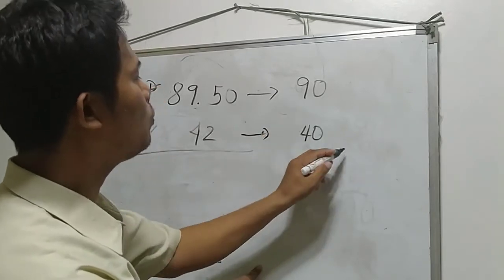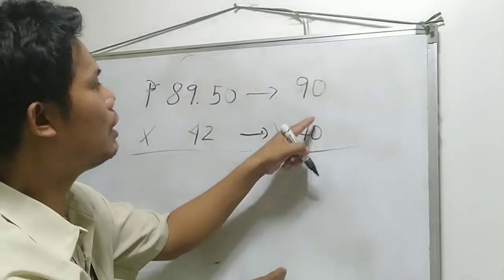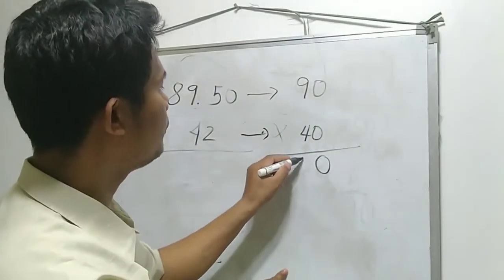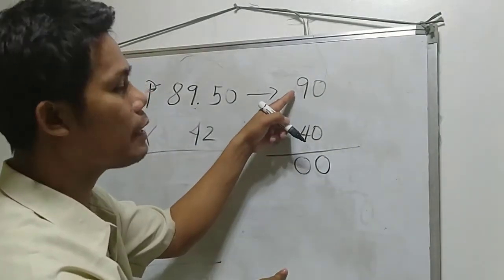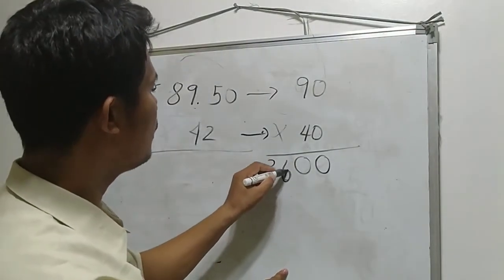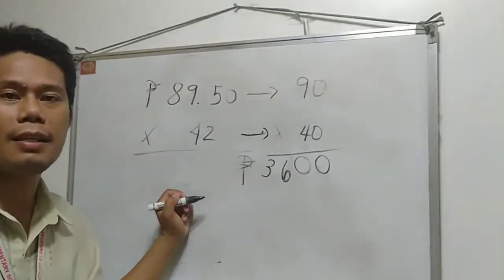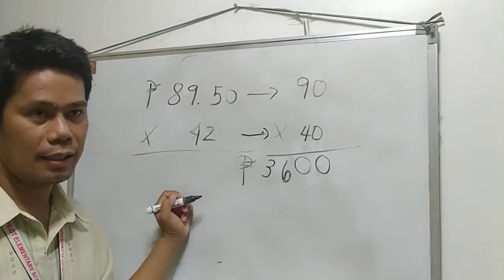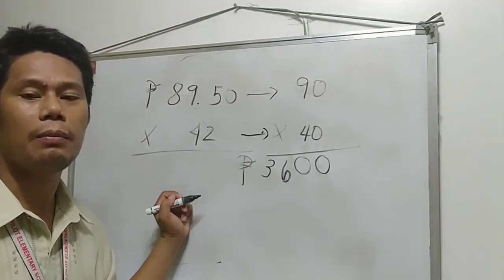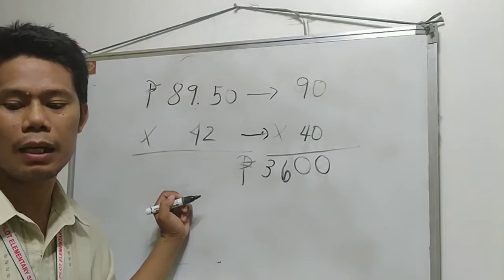So that is how to estimate. Then proceed to multiplication. So bring down 2 zeros. Then 4 times 9 equals 36. So that is why the estimated product is 3,600. That is how to estimate the product of a certain number or a certain decimal number.